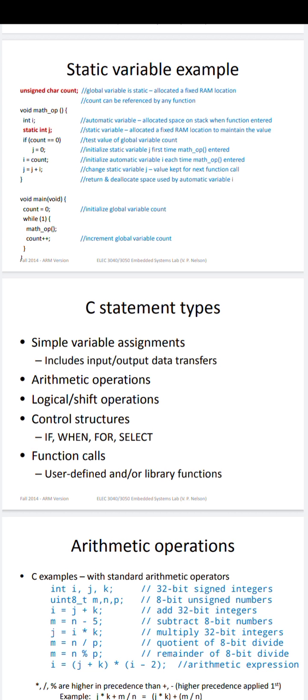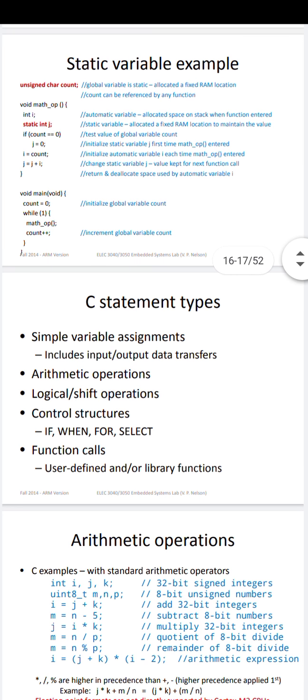The static integer j means the test value for the global variables, allocated to fixed RAM to maintain the values. Then the if condition is used here: count equal to 0 means the output count or the test values, then j is equal to 0 the first time, then j is equal to count initializes these variables. j is equal to j plus 1 means the value is kept for the next function call, and automatic variables are returned.